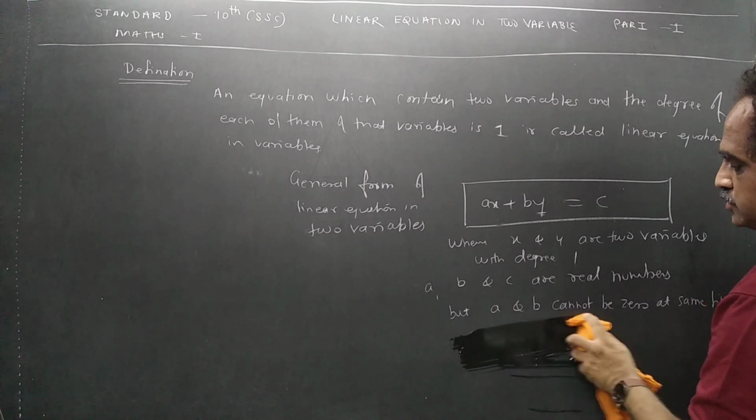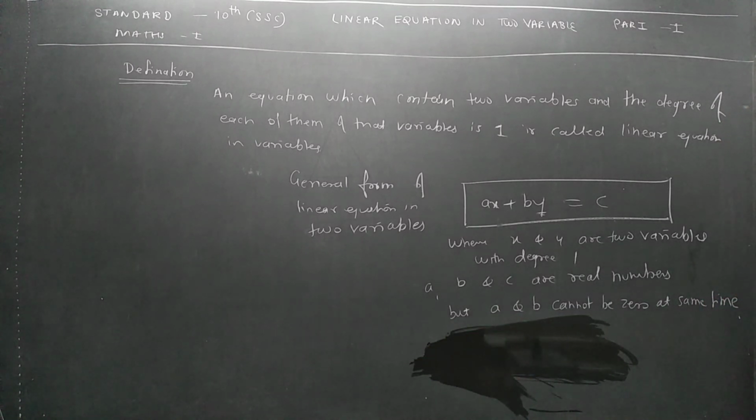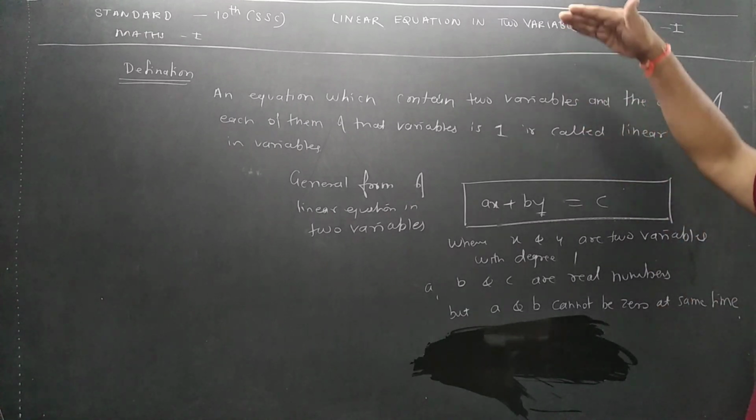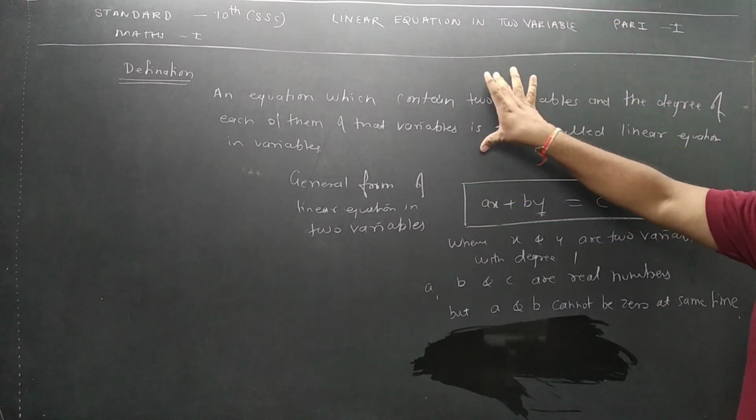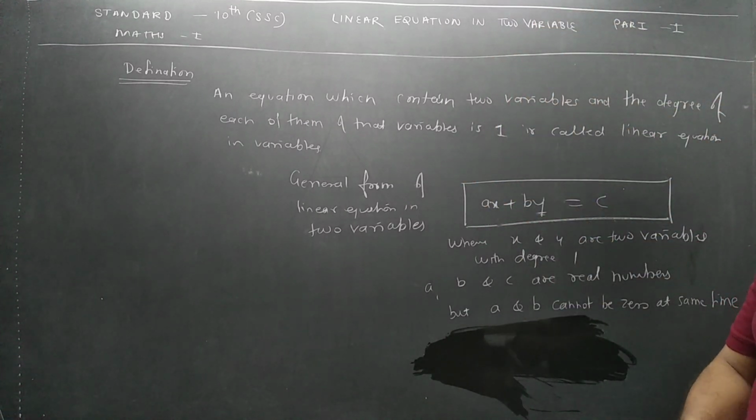This is just to see what the general form and the definition are. In board examination they never ask the definition of any equation. So just for your understanding, no need to copy this down. Have you understood this? Shall I start with the next part now?